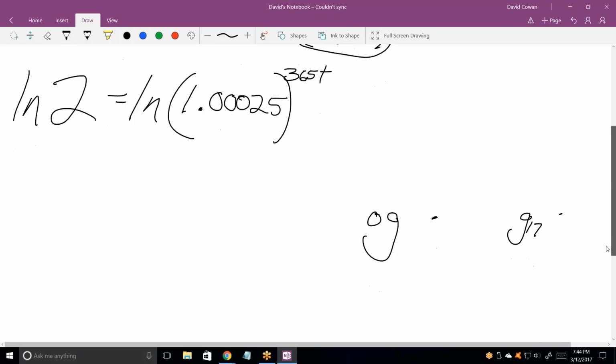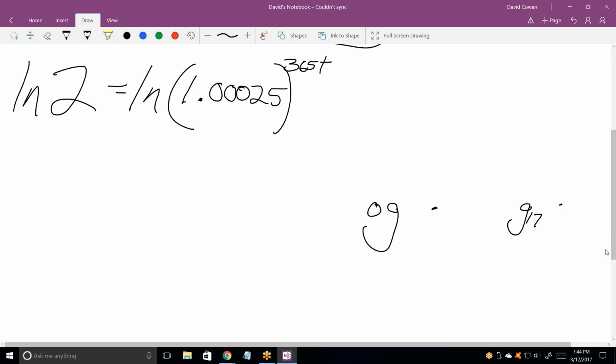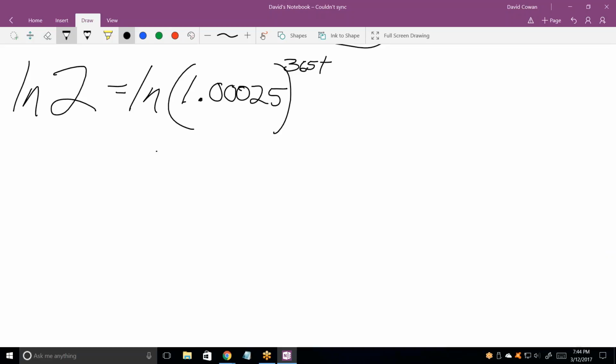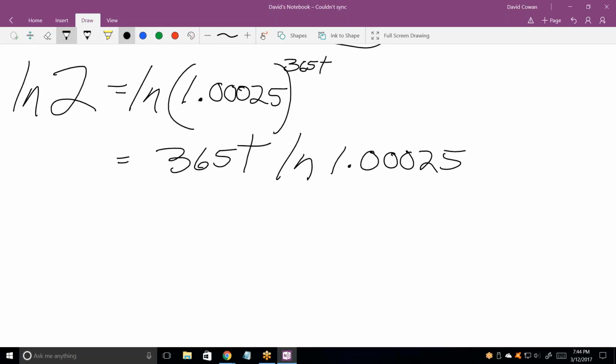This is the key, what you do from this step here. We can take that 365t and put it in the front. Remember, we divide both sides by that?